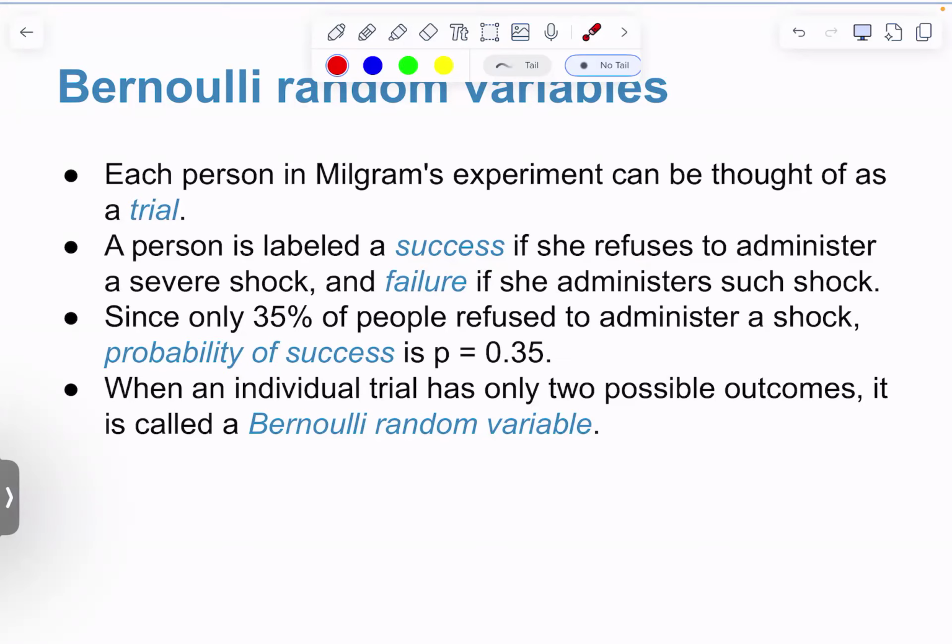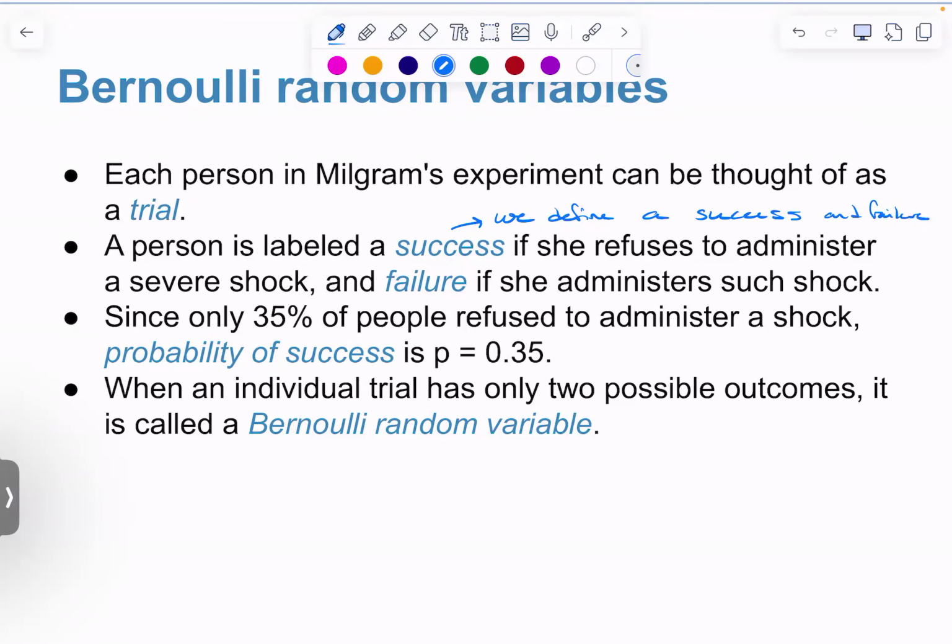From defining our successes and our failures, we can also define the probability of success and the probability of failure. And so here we define a success and failure.